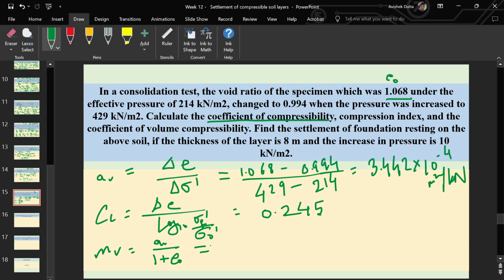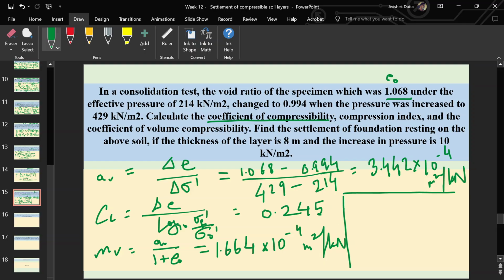The value you get approximately is 1.664 into 10 to the power minus 4, again meter square per kilonewton. So thickness is 8 meter, increase in pressure is 10.